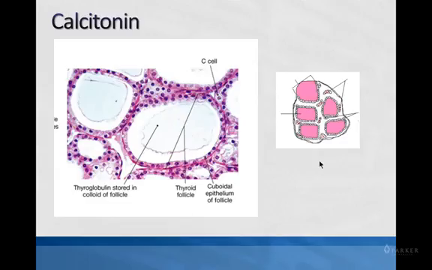It appears to play more of a role, they say, in early development in children, because it's going to be needed to make sure you don't have too much calcium around. But it does not appear to play a huge role in a normal adult.